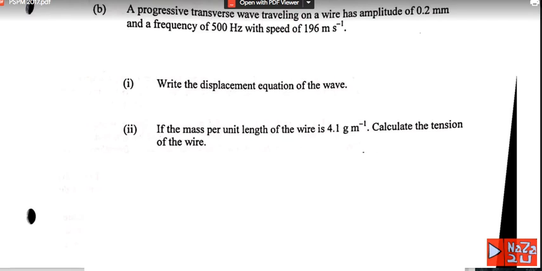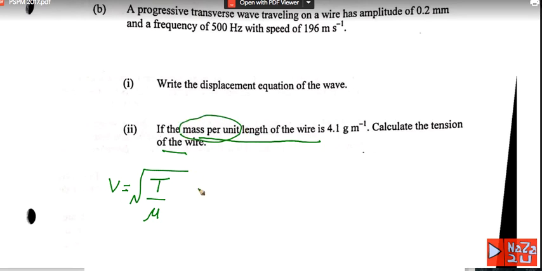B2: if the mass per unit length of the wire is 4.1 gram per meter, calculate the tension of the string. We have an equation to calculate the speed, v equals the square root of tension of the string divided by nu, where nu is the mass per unit length. To calculate the tension T, T is equal to v squared times nu.